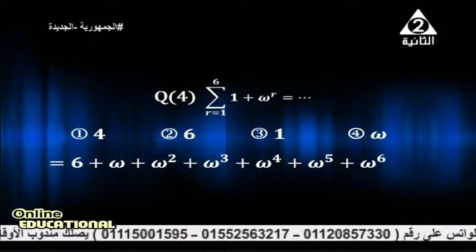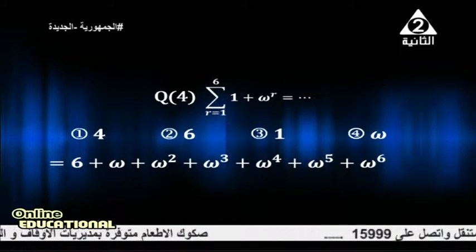We have 7 terms, but from the second term, omega plus omega square plus omega power 3 equals what? 0. Why? Omega power 3 equals 1, so 1 plus omega plus omega power 2 equals 0.